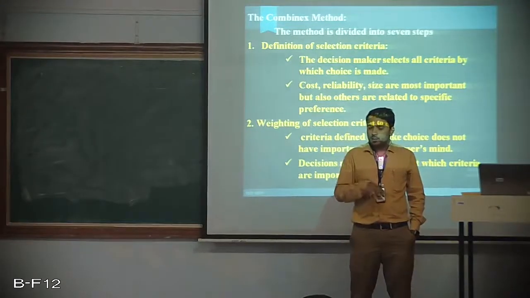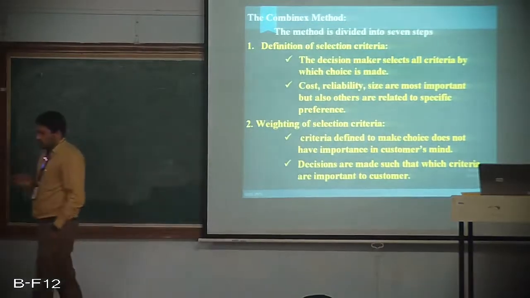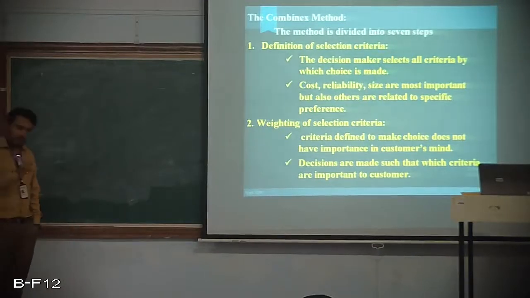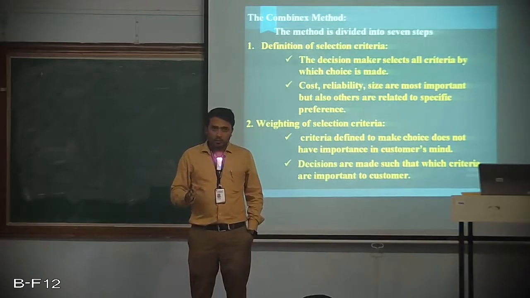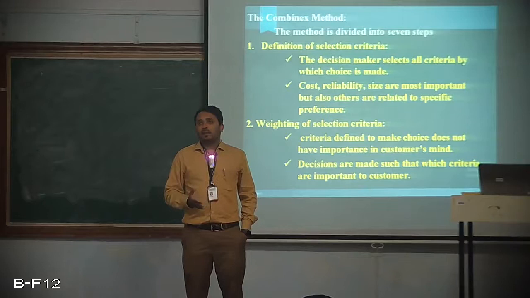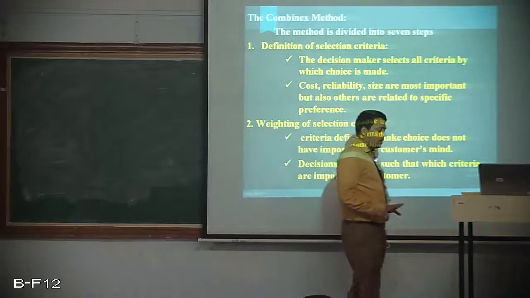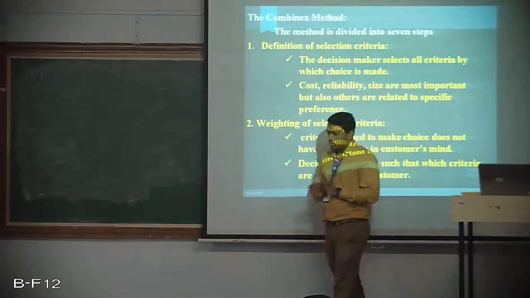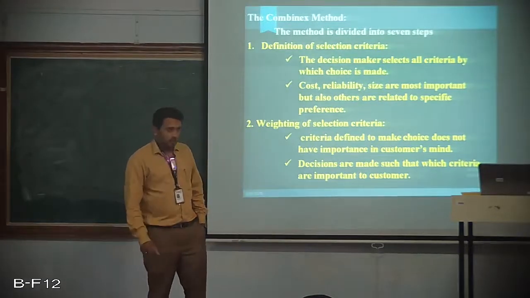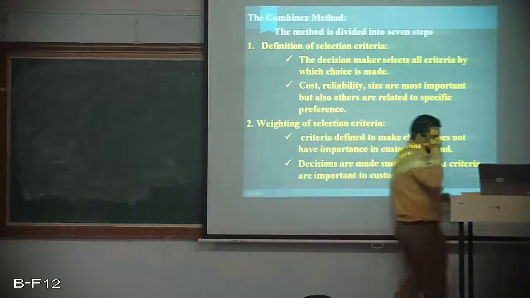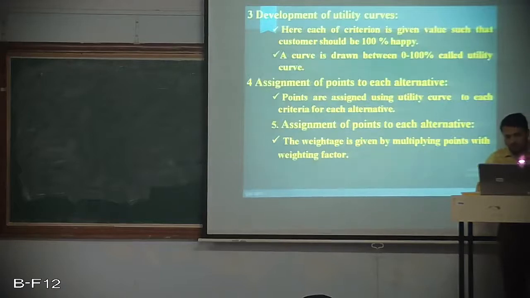But if you look at customer B, his prime requirements are that it must be a sedan, it must be low in cost, even though he can sacrifice on power, it must have greater mileage, and serviceability must be very good with low maintenance cost. So with respect to his requirements, the Maruti Swift Dzire is very good. So that is how decisions are made such that which criteria are important to the customers.